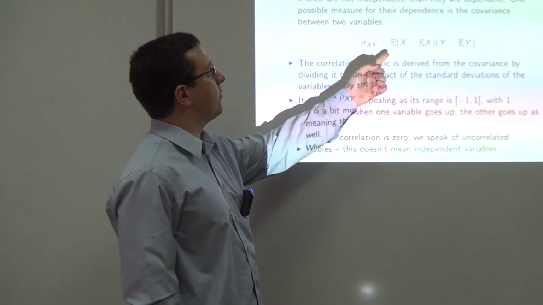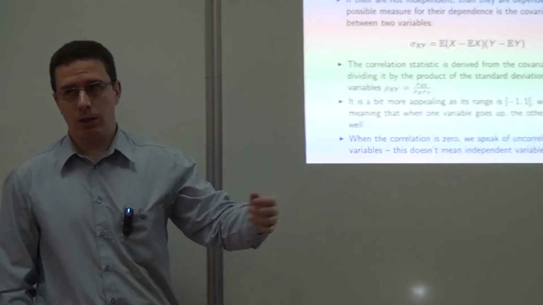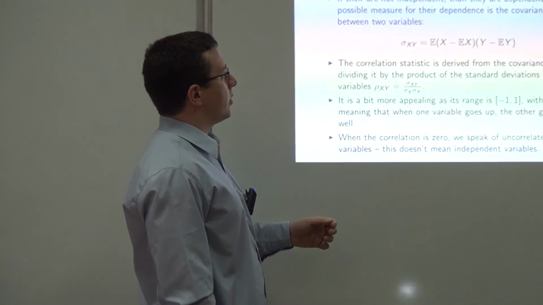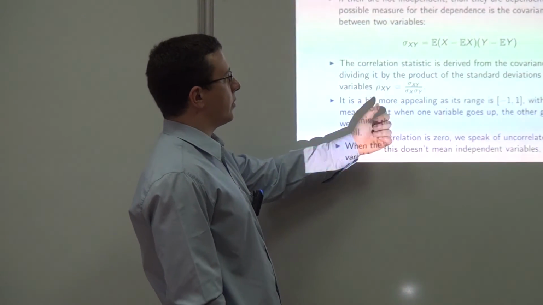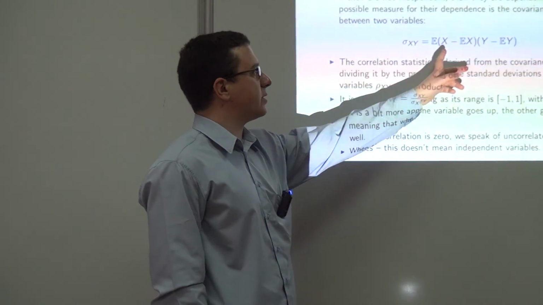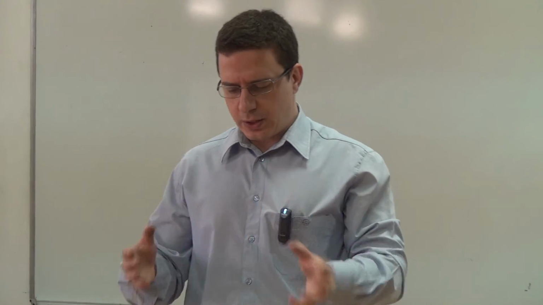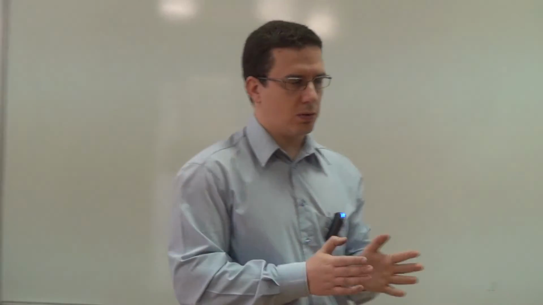And one possible such measure is the covariance between two variables. It's defined like this, quite easy. It's probably more useful to look at the correlation of two variables, which basically is this number divided by the standard deviations of X and Y. It is a little bit more meaningful. The correlation is between -1 and 1, and 0 basically means no correlation.